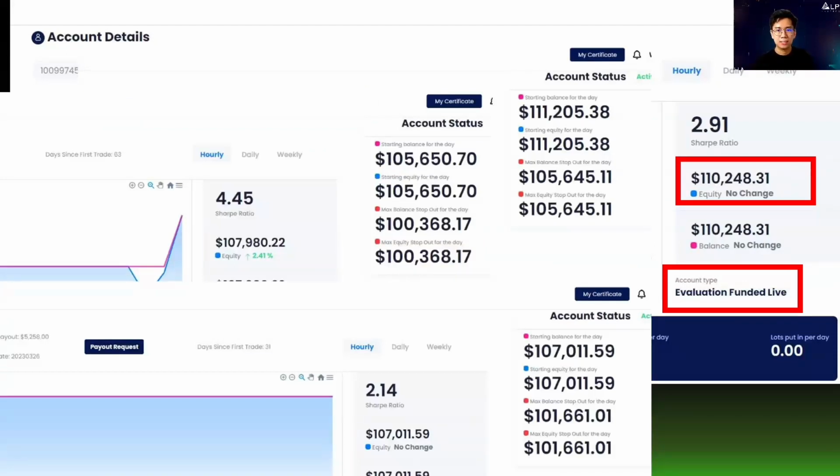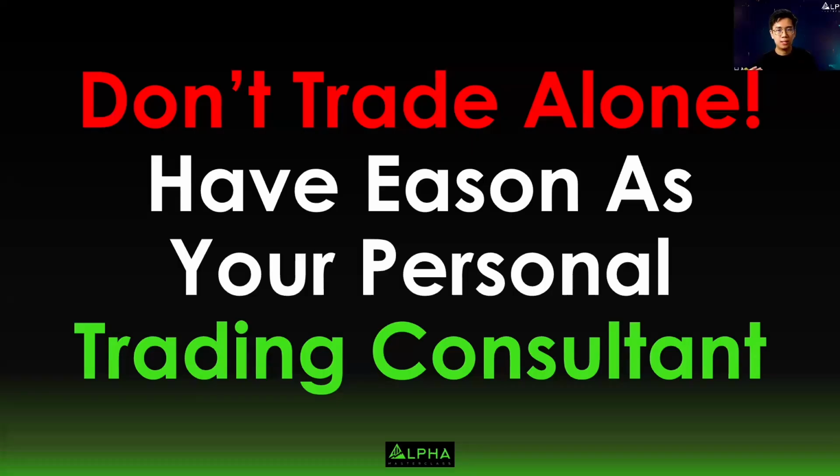And guys, can you imagine how your life will be if you can make at least 10% profit from a 100K prop firm account using the robots? And again, don't trade alone. Have Eason as your personal trading consultant. And this coaching program is to get your path towards successful trading in the shortest amount of time.